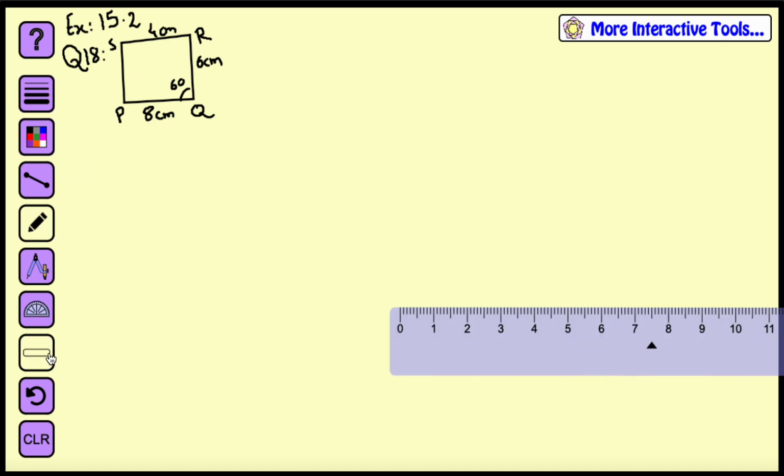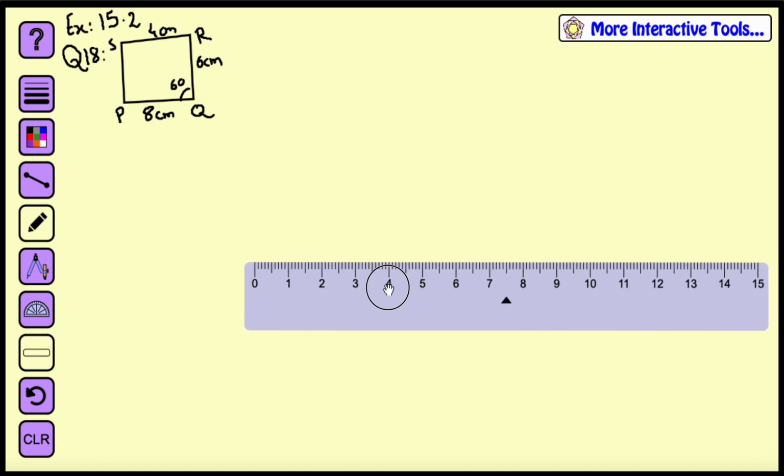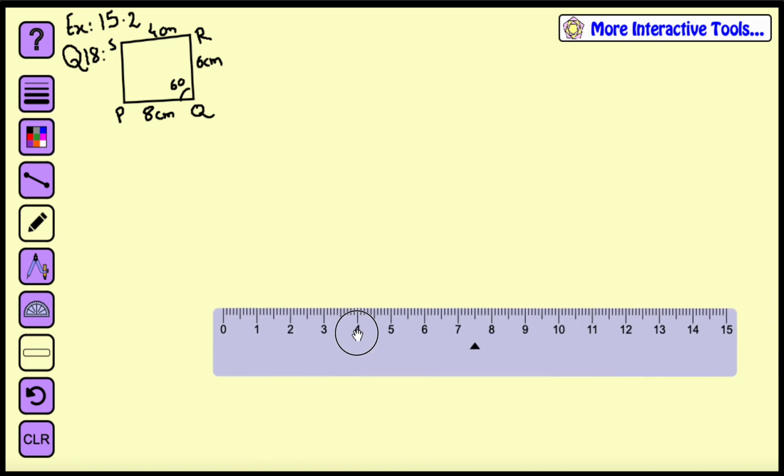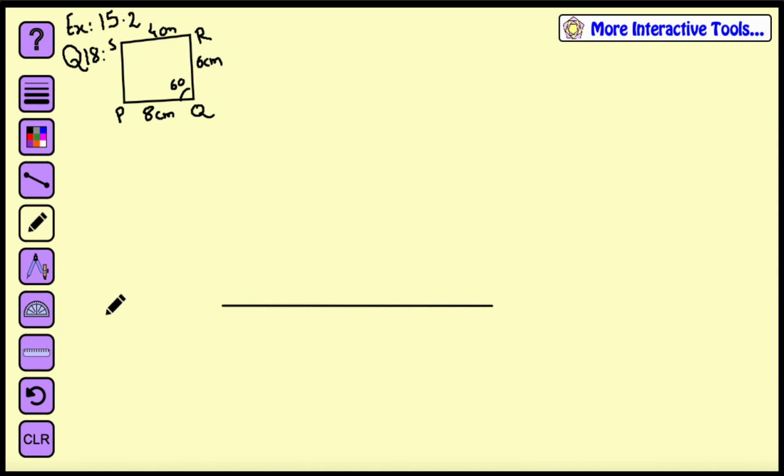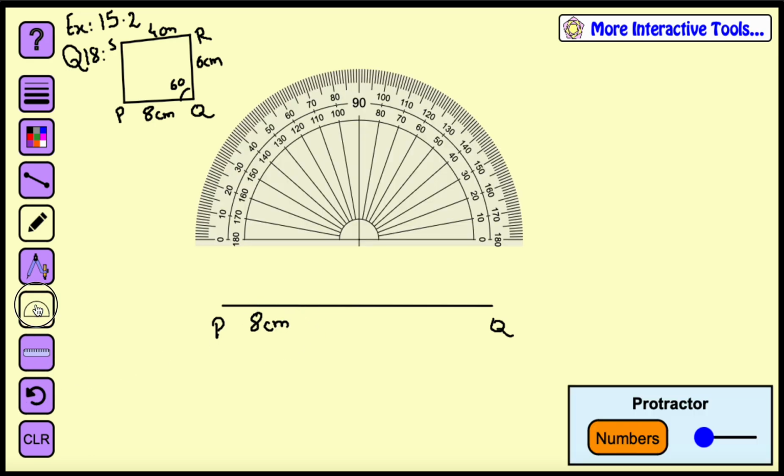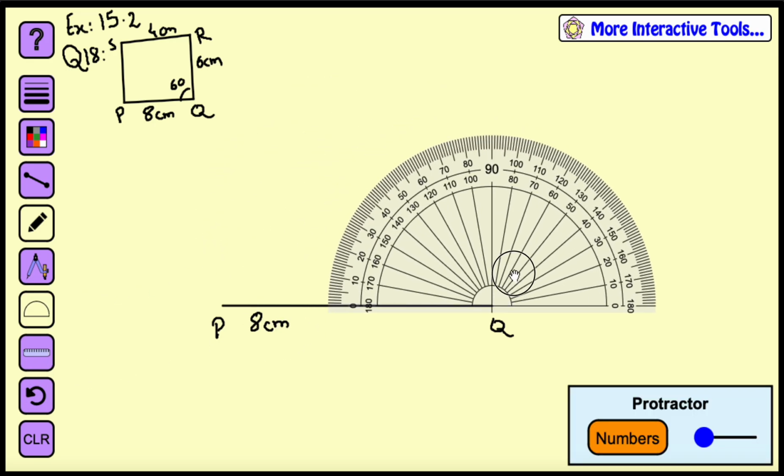So first, what will you do? Draw an 8 centimeter line, and its name will be PQ, 8 centimeter. Okay, then take the protractor.